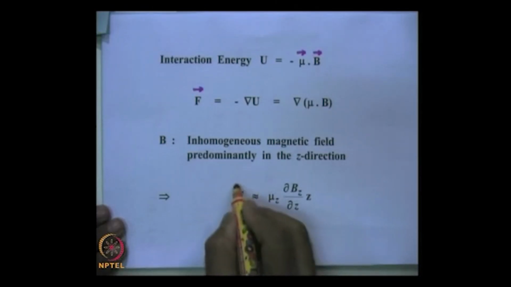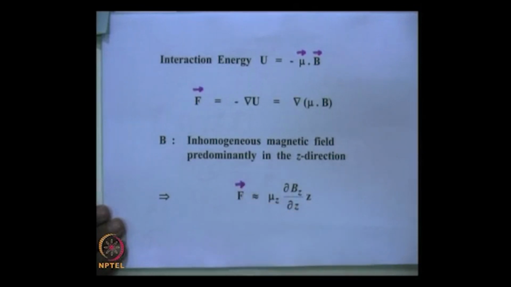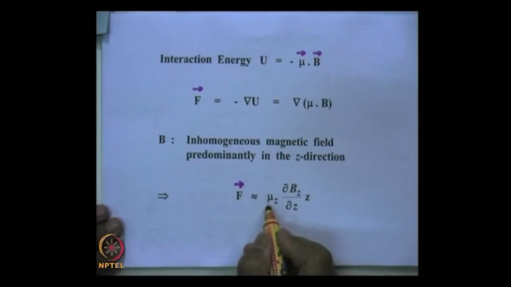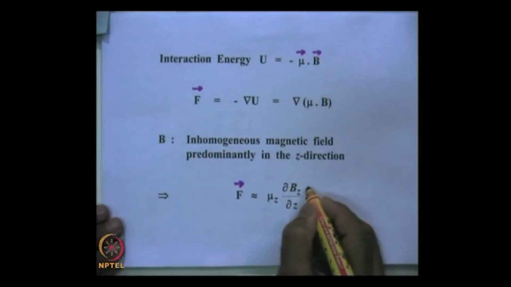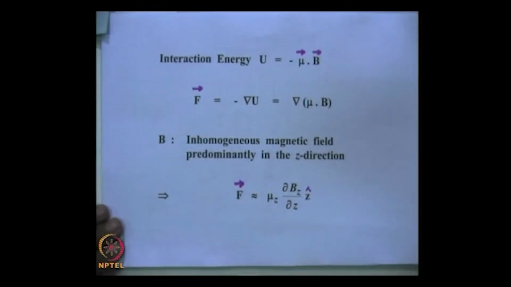Therefore, the force that is acting on the silver atom is mu z, delta B z by delta z, where mu z is a scalar quantity, and this is the unit vector in the z direction.